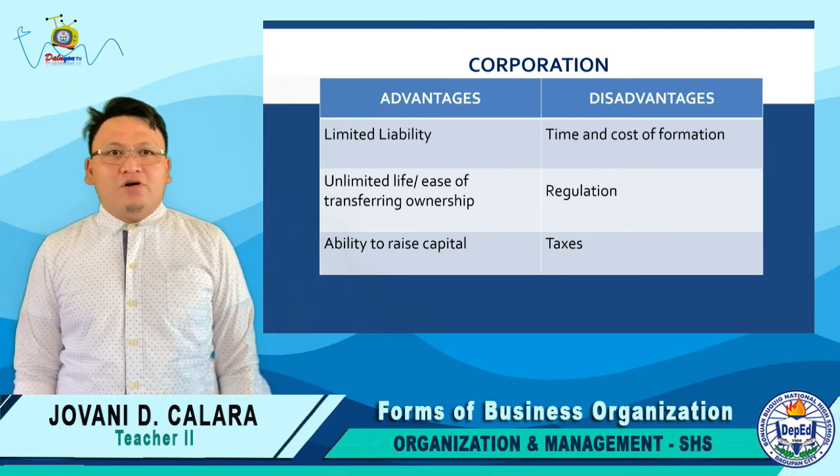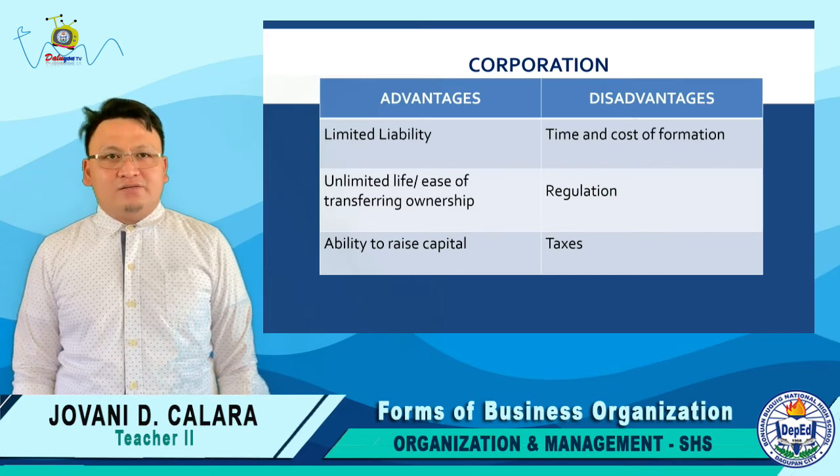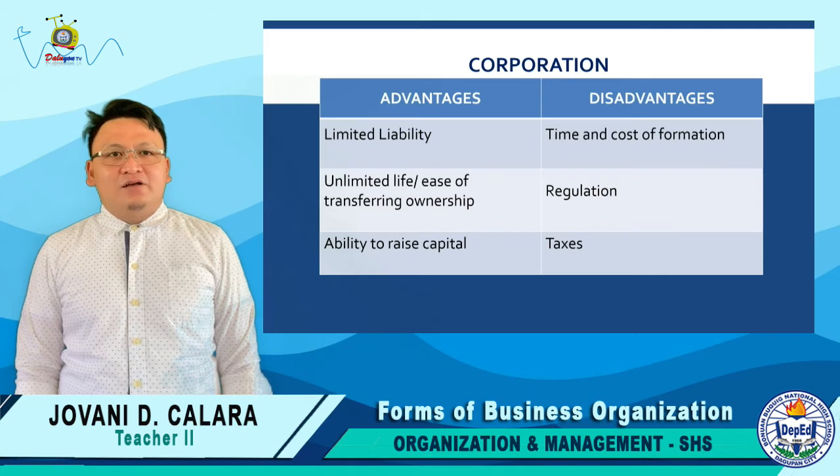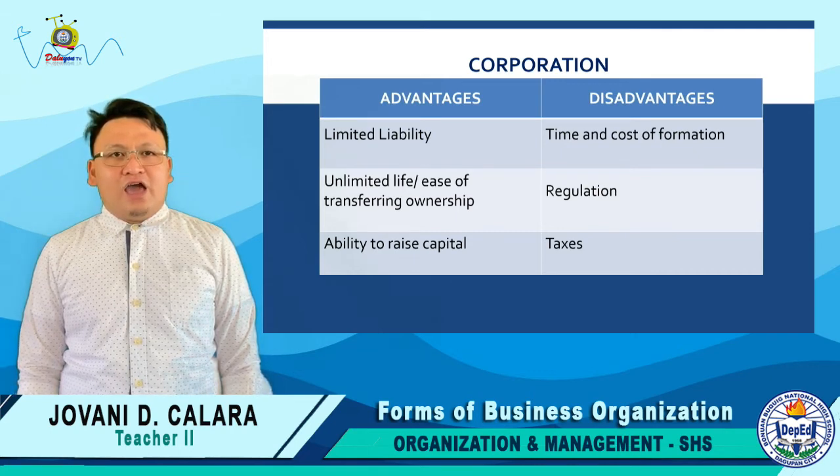Shareholders are liable only to the extent of their investment. Number 2, unlimited life or ease of transferring ownership. Continue to exist even after the death of the owners. Number 3, ability to raise capital. Corporations can raise capital through the sale of securities and bonds.